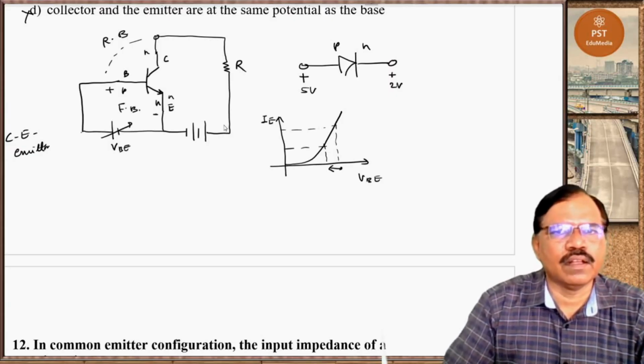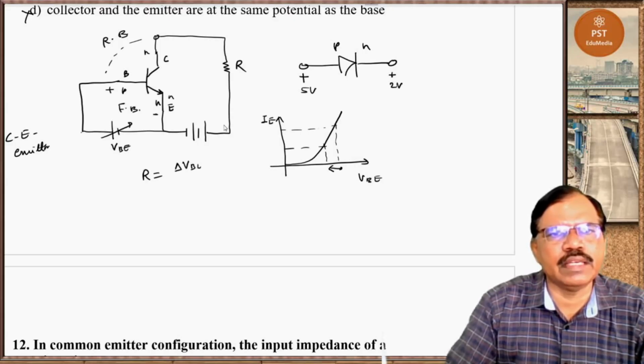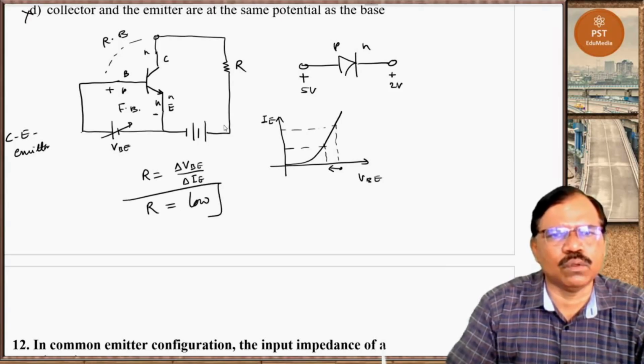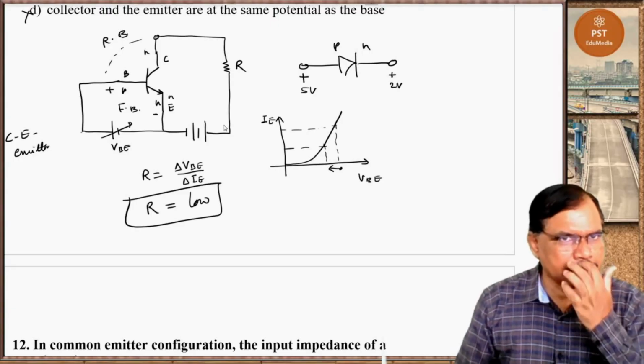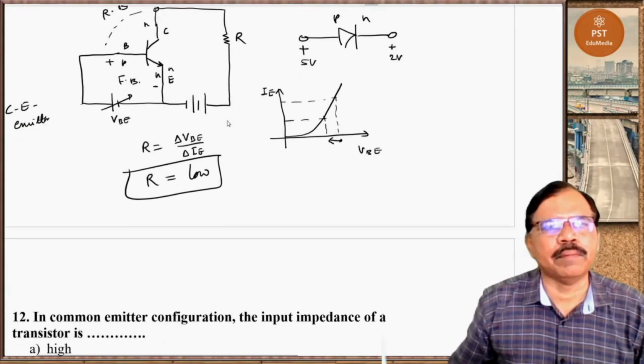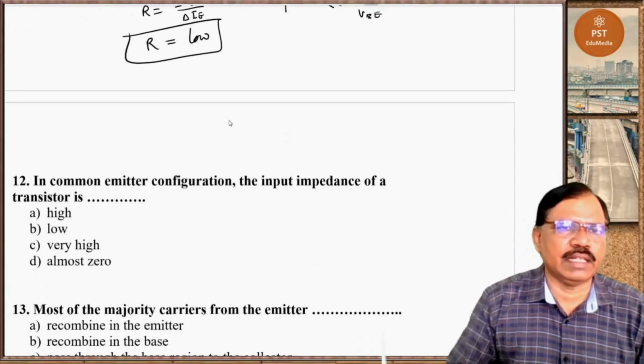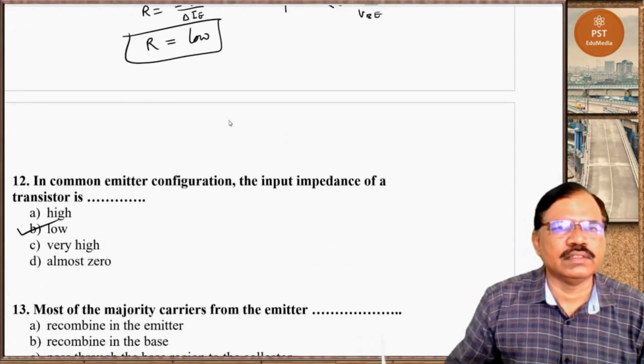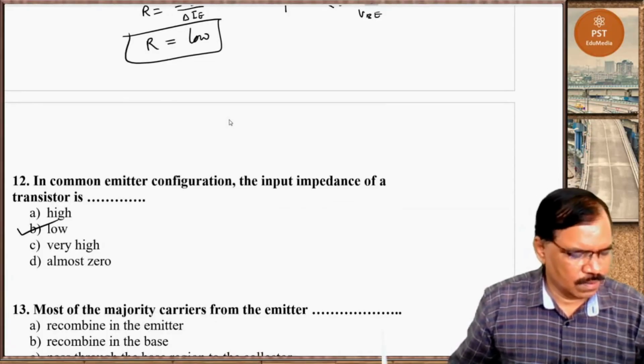So resistance is delta VBE upon delta I. So this is low. Resistance is low because the junction is forward bias.